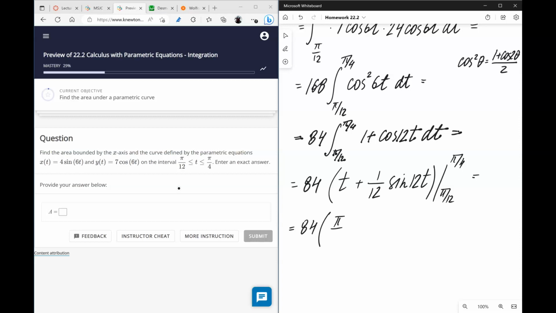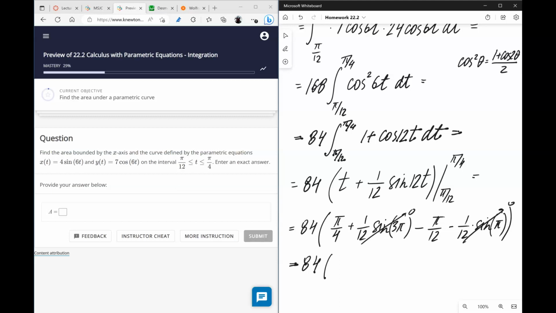So we have pi over 4 plus 1/12 sine of 3 pi, that's just 0, minus pi over 12 minus 1/12 sine of pi, which is also just 0. So at the end we have 84 times pi over 4 minus pi over 12.